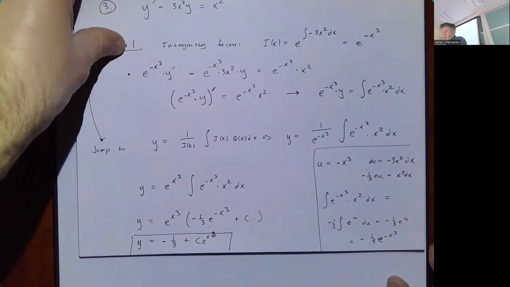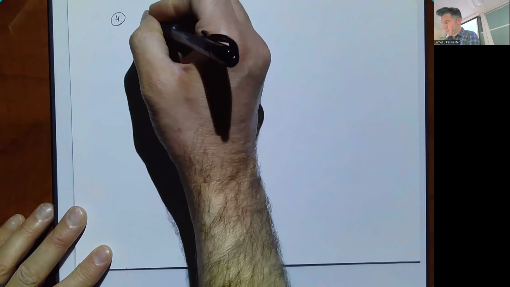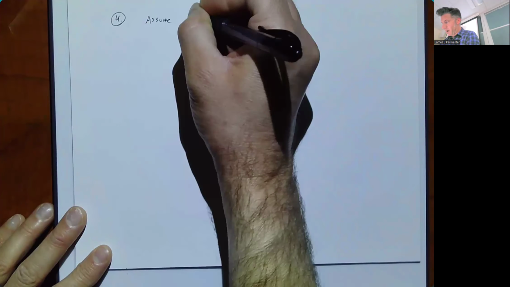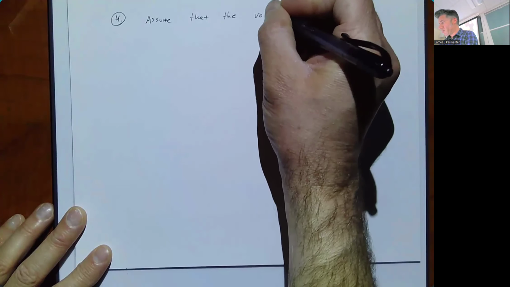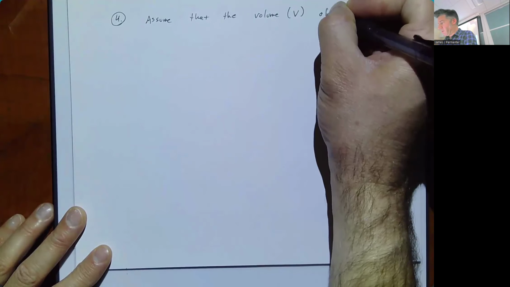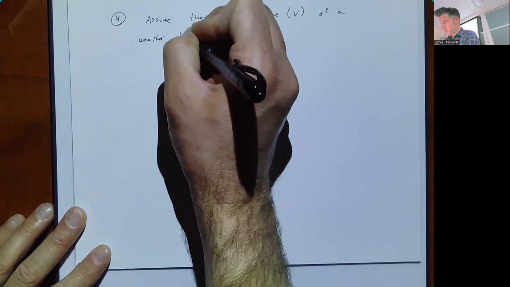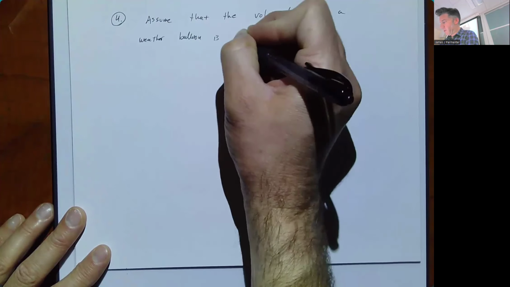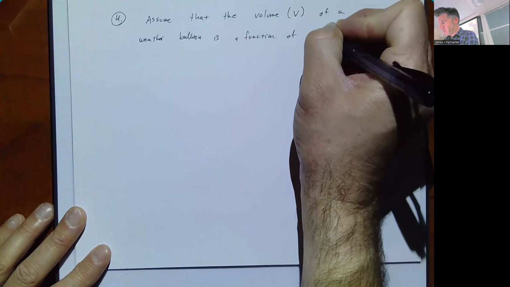All right, so let's look at this problem here. So let's do the following. Let's assume that the volume of a weather balloon is a function of pressure.